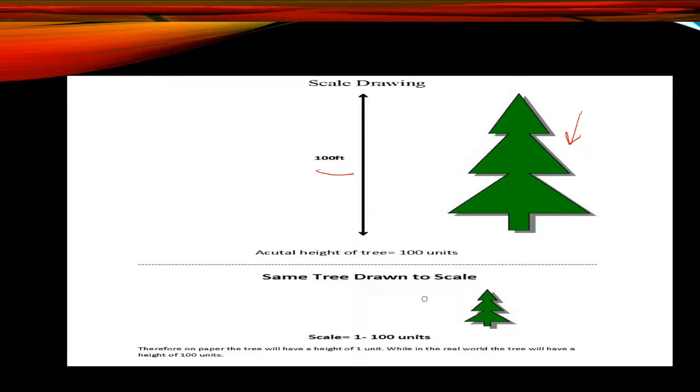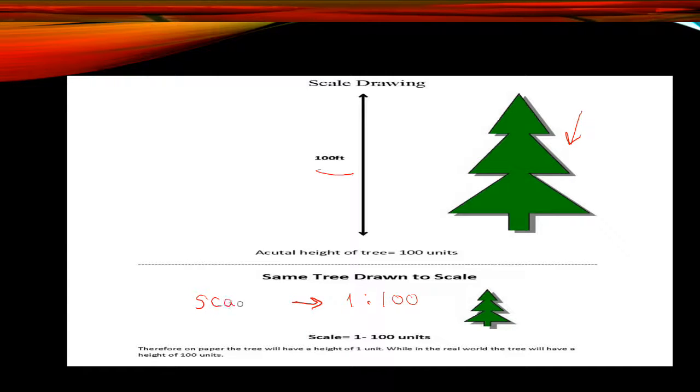So the same tree is drawn to scale 1 to 100. This means that on paper, the tree will have a height of 1 unit, while in the real world, the tree will have a height of 100 units. So this is the scale.